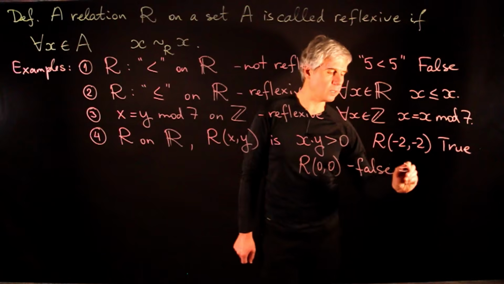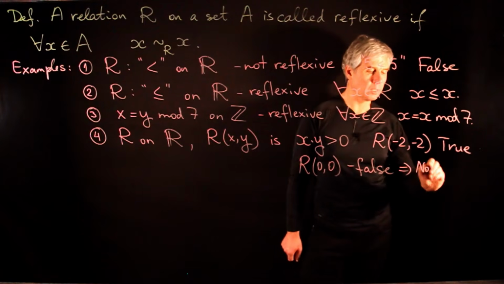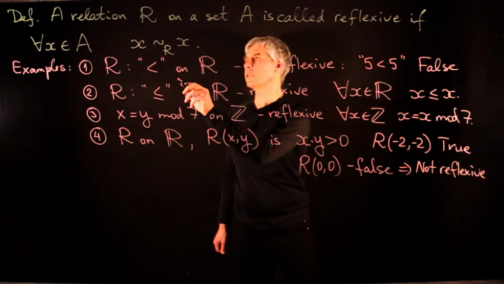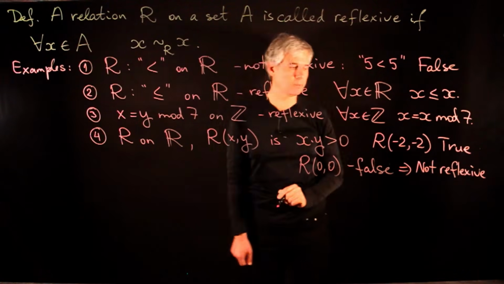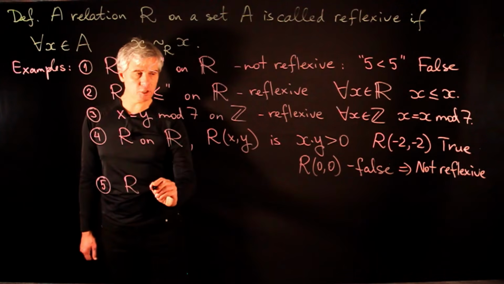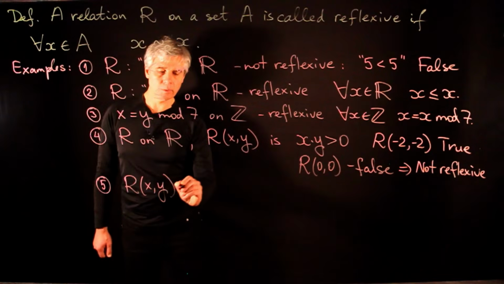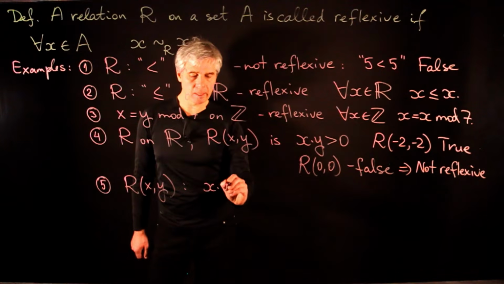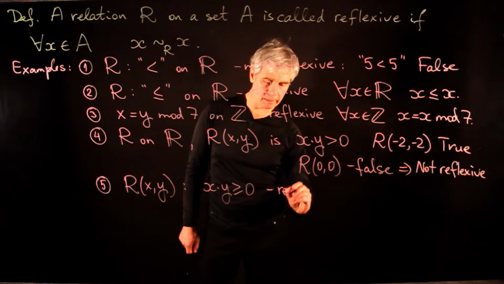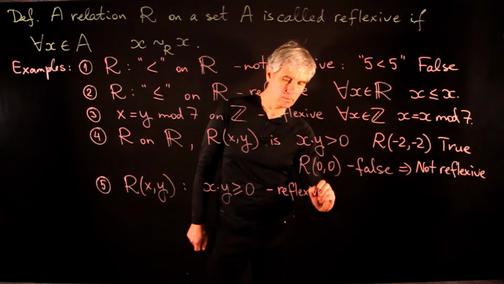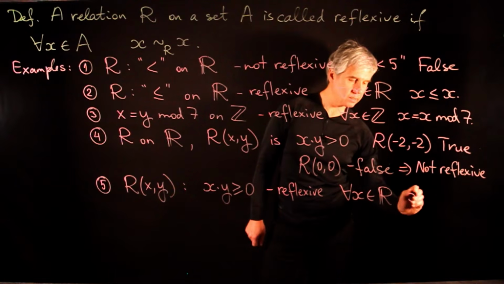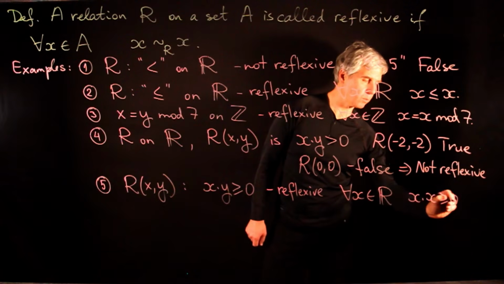And so the conclusion is that this relation is not reflexive, because this property must hold for all x in our set. If we modify this example and take the relation R to be x times y is greater than or equal to 0, then this relation becomes reflexive, because it's true that for all x in the real numbers, x times x is greater than or equal to 0.